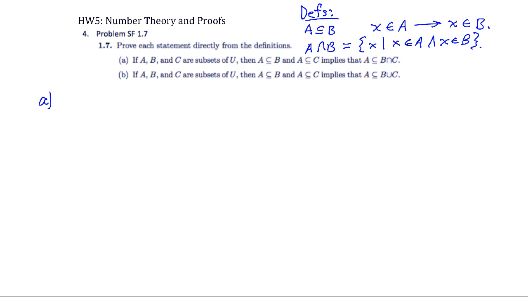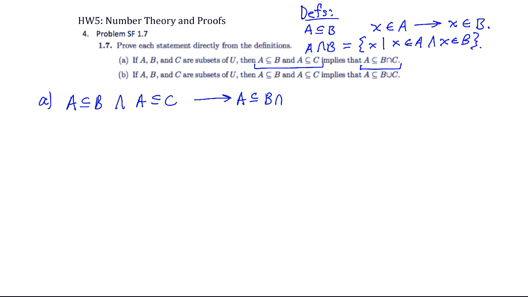We're going to rewrite statement A as an if-then statement: A is a subset of B and A is a subset of C implies that A is a subset of B intersect C. I don't really need to put parentheses on the left-hand side because there's no ambiguity.